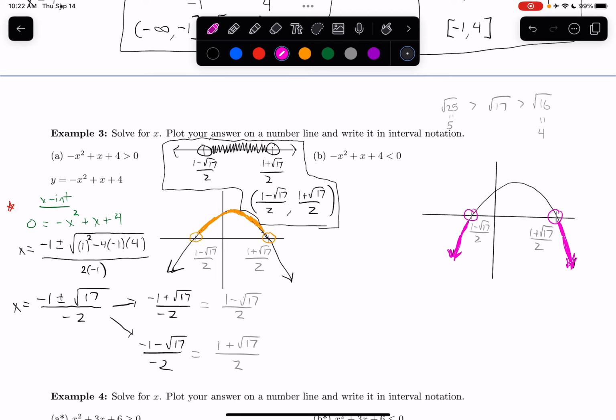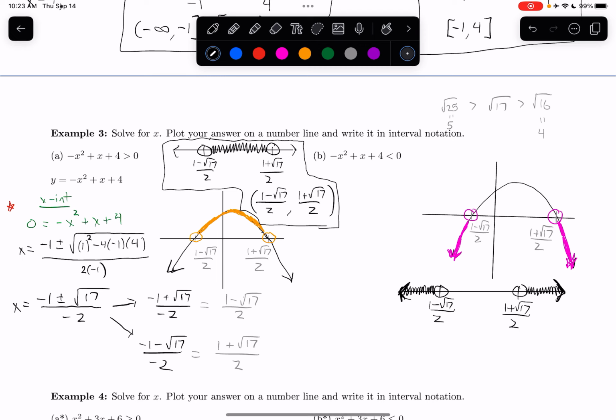Okay, let's plot this on a number line. So 1 minus root 17 over 2, and then 1 plus root 17 over 2. Open circles at these endpoints. And now I want the x values to be less than the smaller one, and then bigger than the larger one.